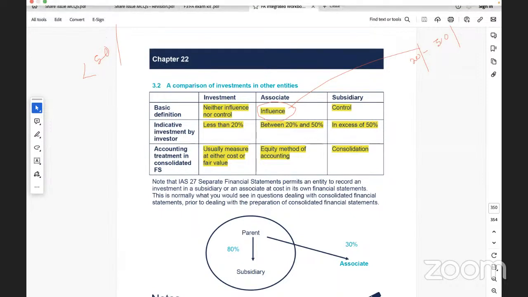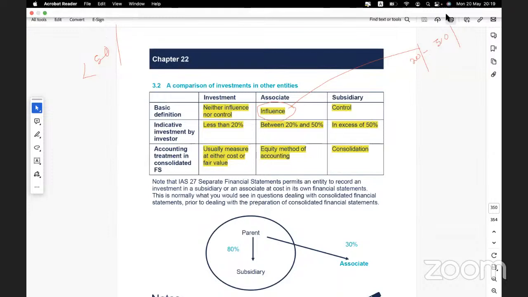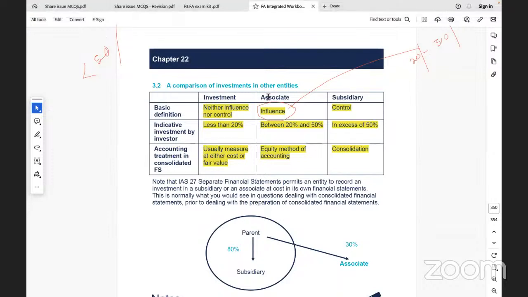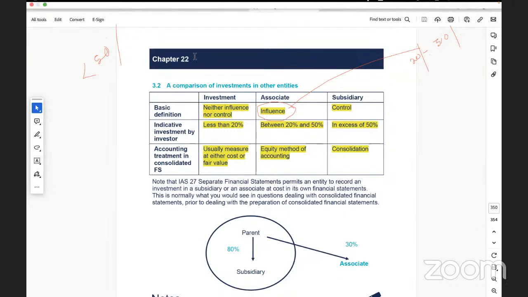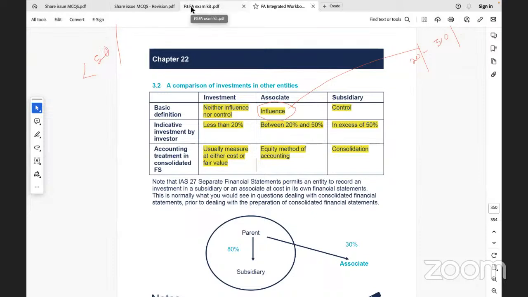Now, you need to understand, in an associate we only have influence. Having only influence means that when decisions are being taken, we can tell our suggestions, say this is better or we can do it like this, and try to change the decision, but the final call is not ours.